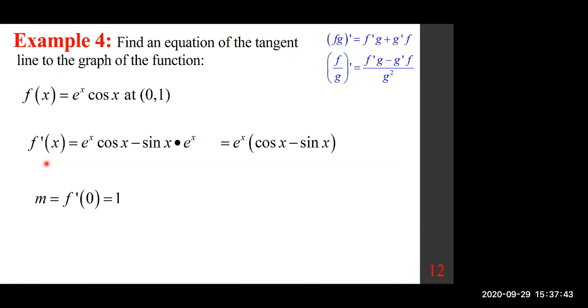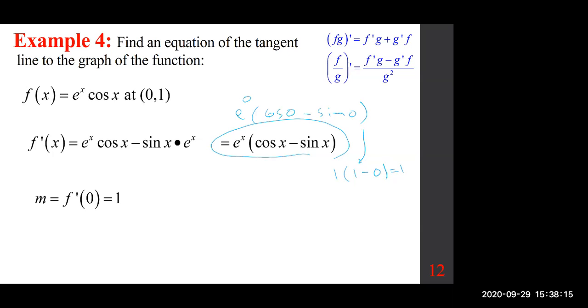Let me just quickly show you. F prime of 0, that means here change x to 0. So e to the power of 0 times cosine of 0 minus sine of 0. e to the power of 0 is 1, cosine 0 is 1, sine 0 is 0, the answer is 1.